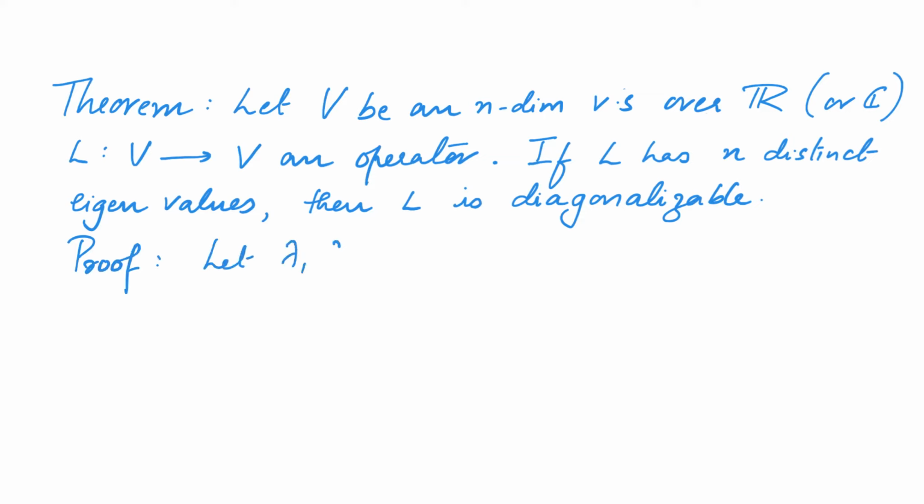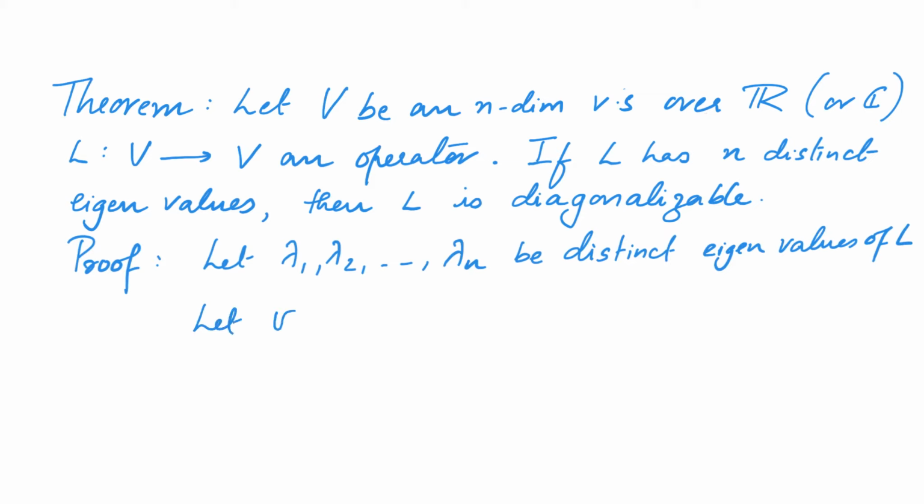Let lambda 1, lambda 2, up to lambda n be distinct eigenvalues of L. Further, let v_i belonging to V be such that L of v_i is equal to lambda_i v_i. In other words, v_i is an eigenvector for the eigenvalue lambda_i. I forgot to mention, here we assume that v_i is not equal to the 0 vector.